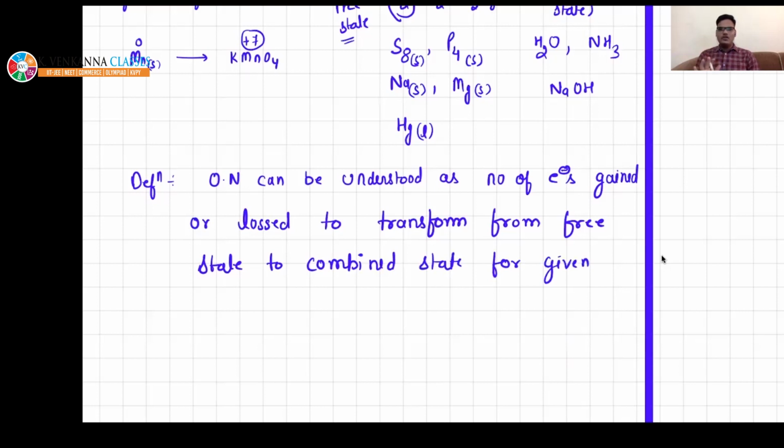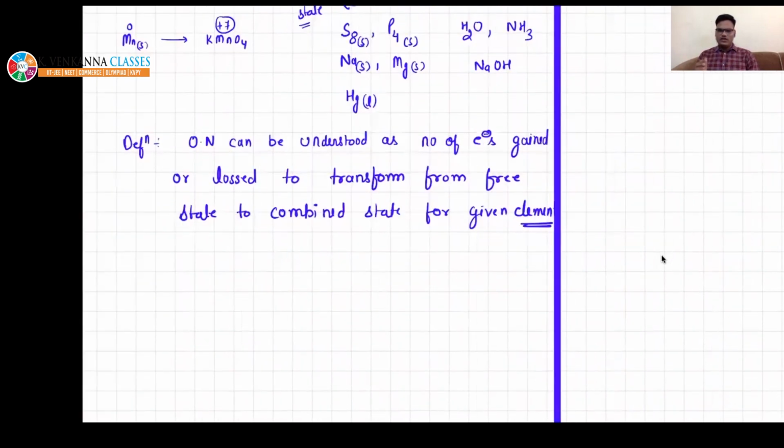It's a very simple topic, you will enjoy it. So if you are converting any element from the free state to the combined state, then the gain or the loss of electrons that takes place is known as its oxidation number. If someone is gaining electrons, then it will have negative oxidation number, and if someone is losing electrons, then it will have positive.